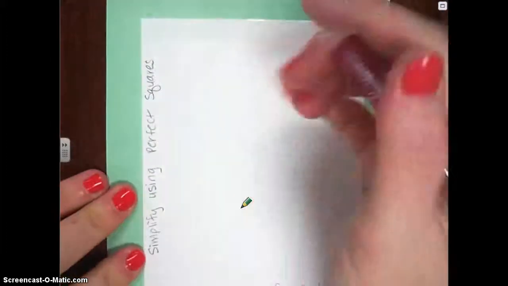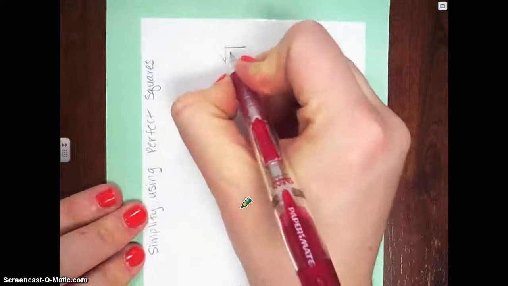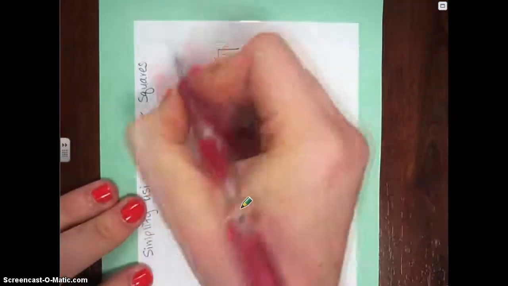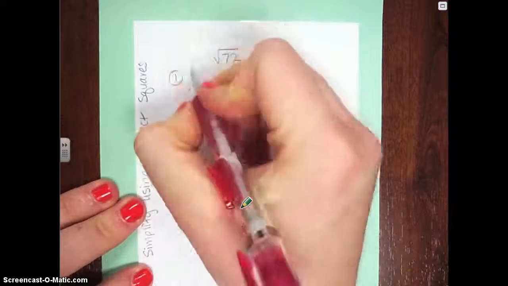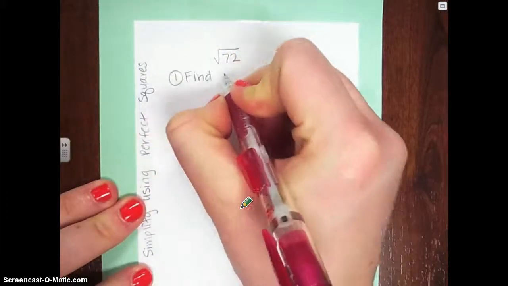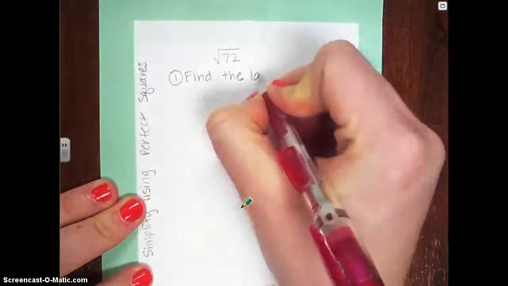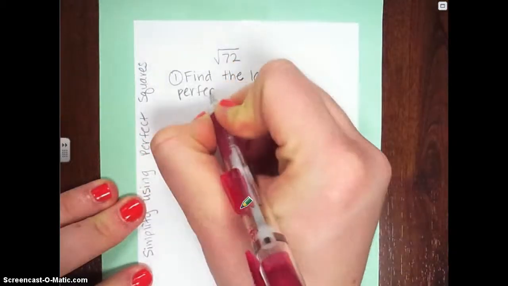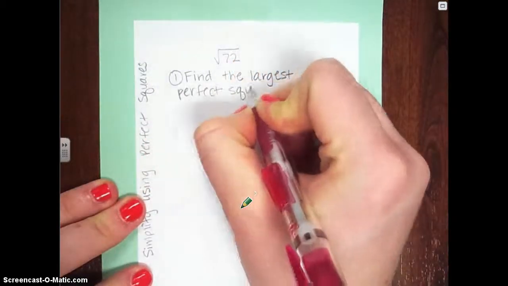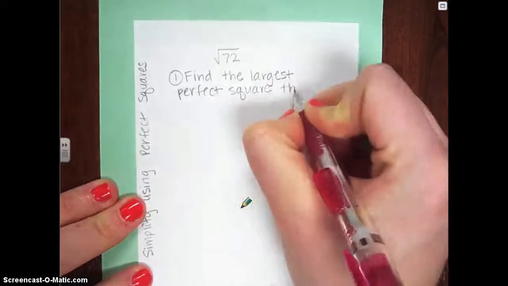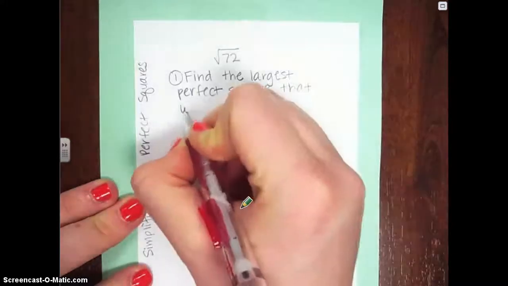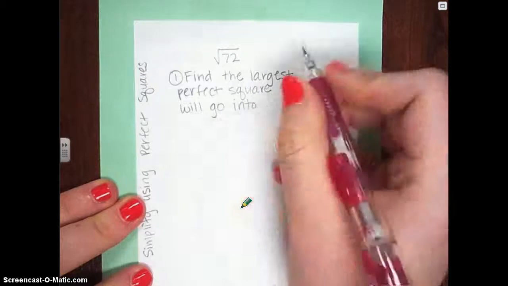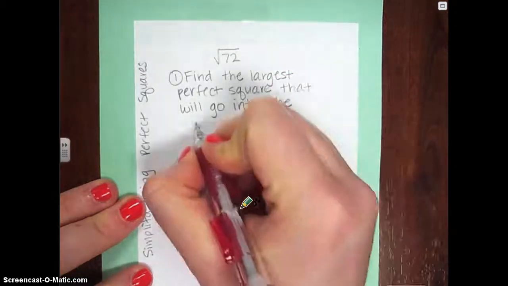So we're going to use that same example that we just used, square root of 72. So the first thing we want to do, find the largest perfect square that will go into the radicand.